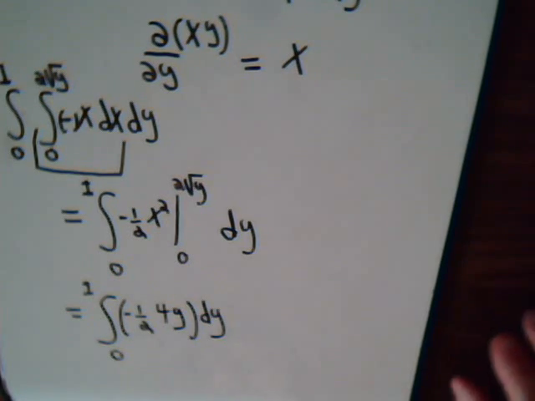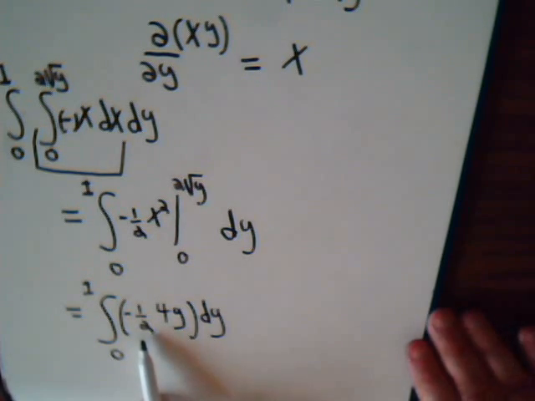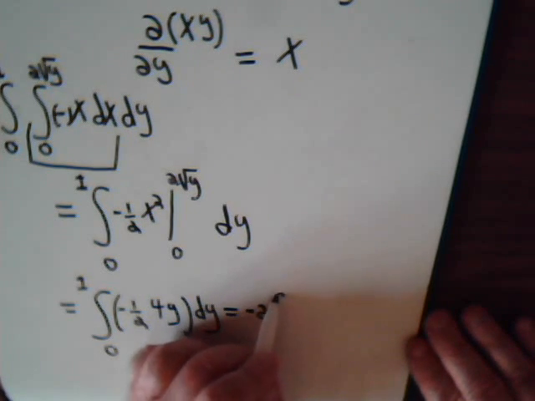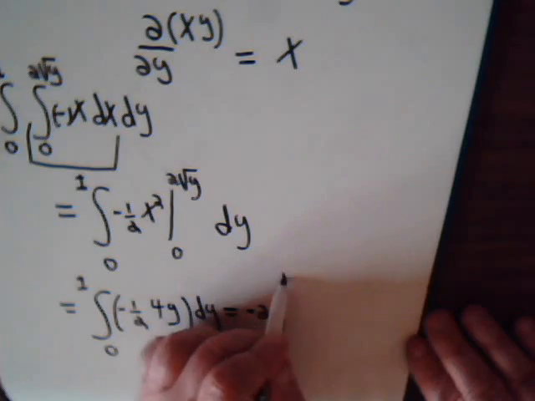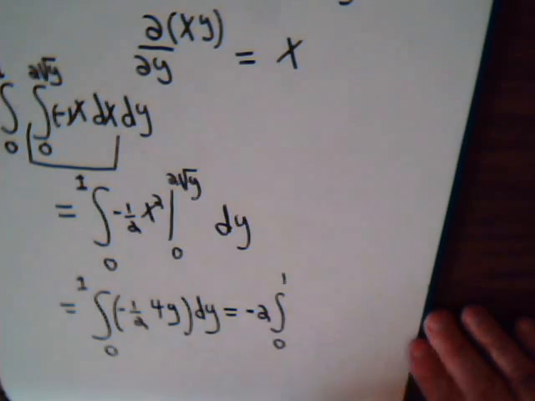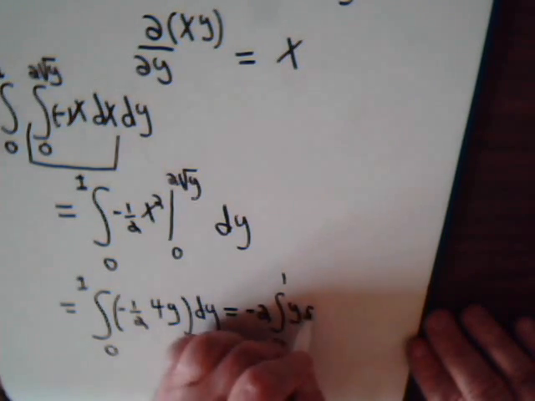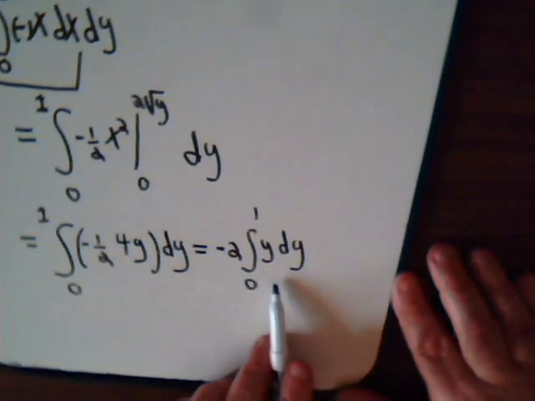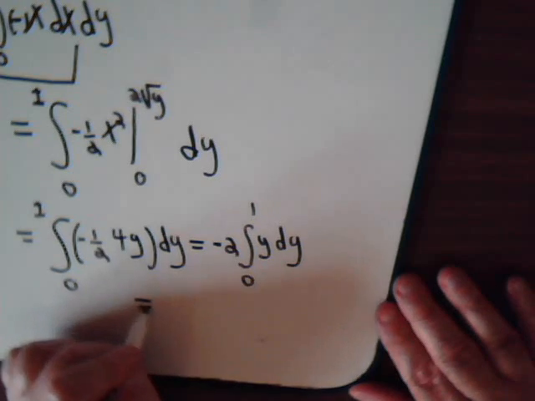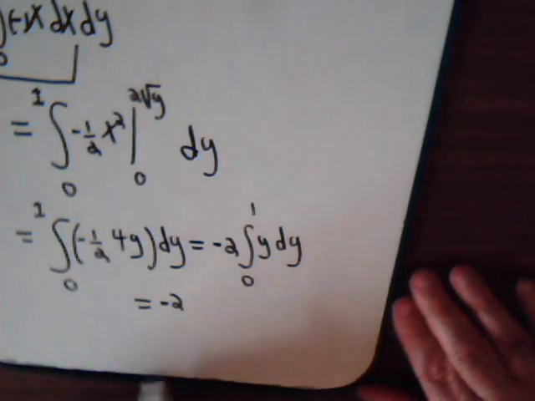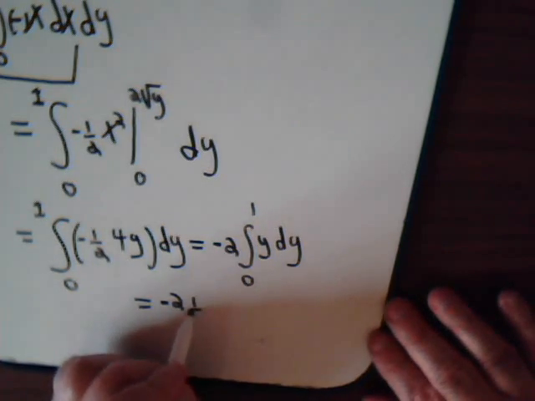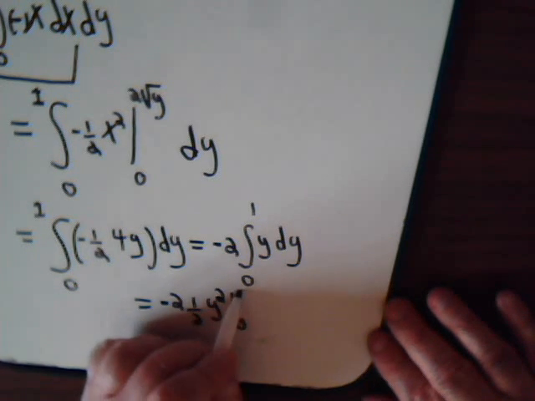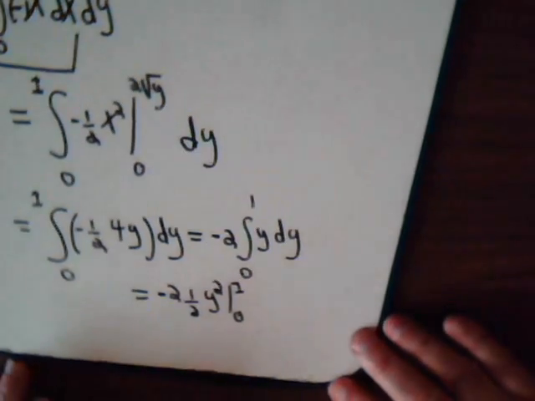So here we have 4 divided by 2, that's minus 2. So now we have minus 2, the integral from 0 to 1 of y dy. Of course, that's 1/2 y squared, so we have minus 2 times 1/2 y squared, y goes from 0 to 1.